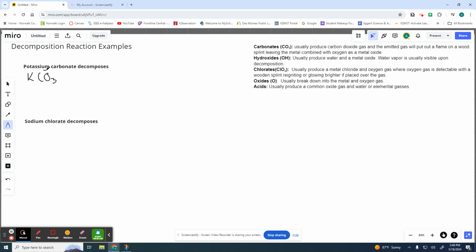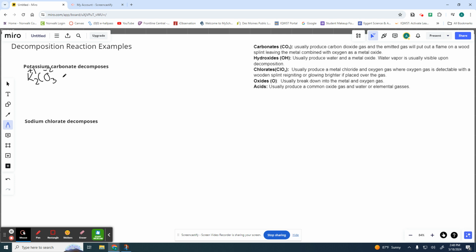Carbonate has an overall charge of -2. Potassium's a +1 on the periodic table. These are not charge balanced. In order to charge balance them, I need to put a 2 on the subscript for potassium. Now that I have 2 potassium, it's a +2 overall to balance out the -2 carbonate polyatomic package.